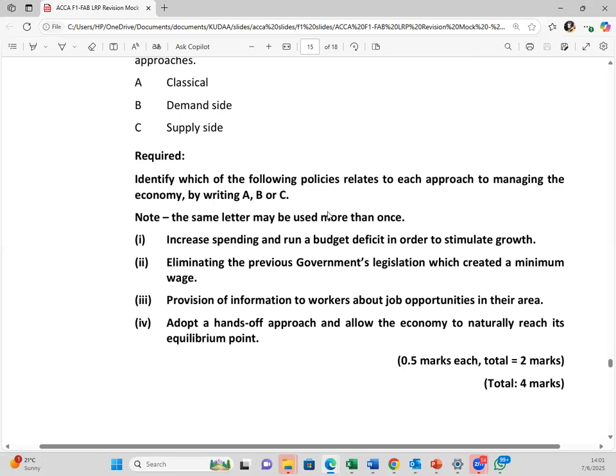So that one is supply side. Then the last one, adopt a hands-off approach and allow the economy to naturally hit the equilibrium point. So that one is regarded as being the classical approach.